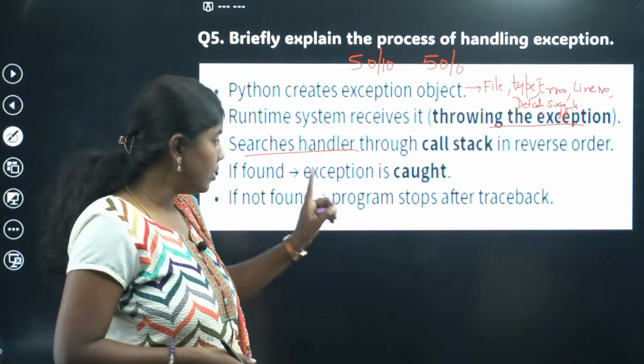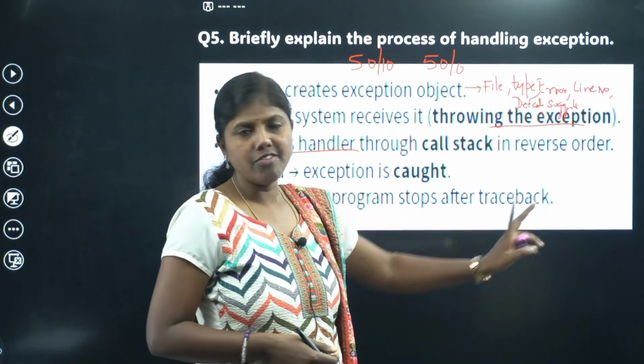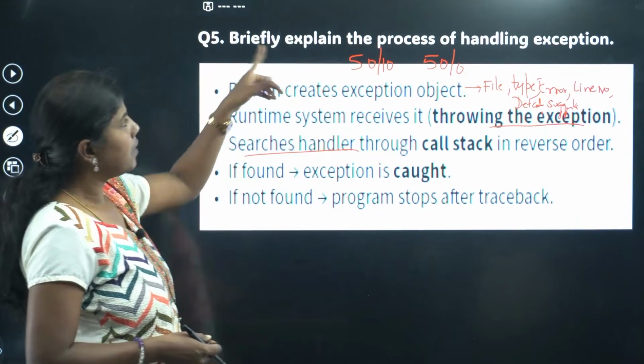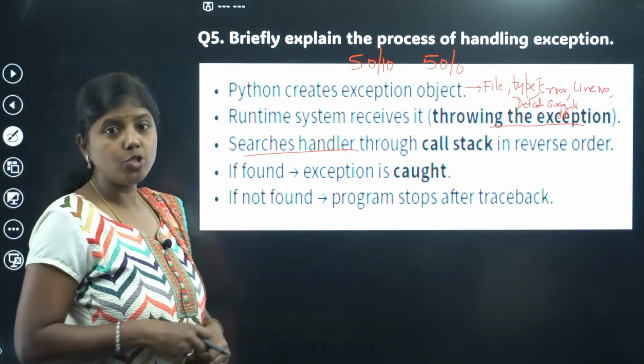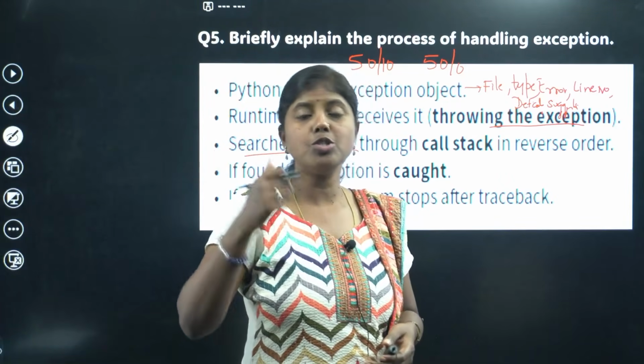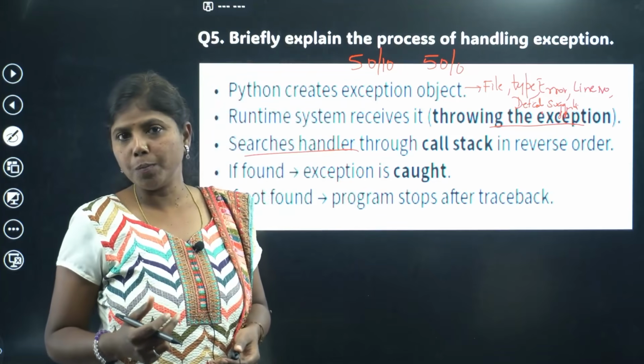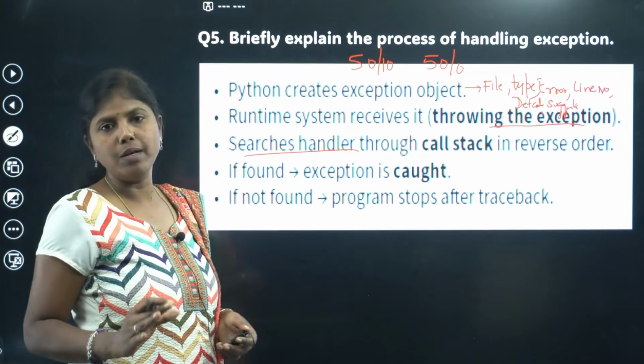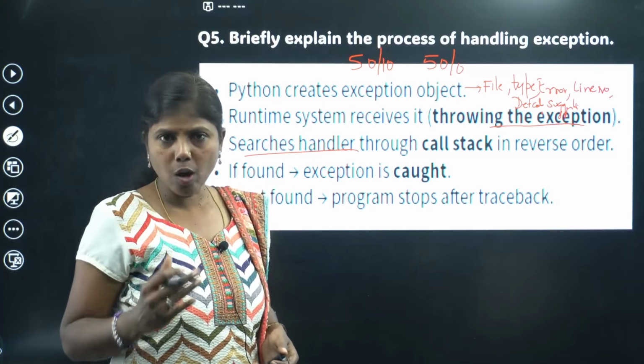If not found, the program stops after the traceback. So in this question, explain the process of handling the exception, you need to write about throwing an exception and catching an exception also. Is the point clear? So all these things should be explained properly.